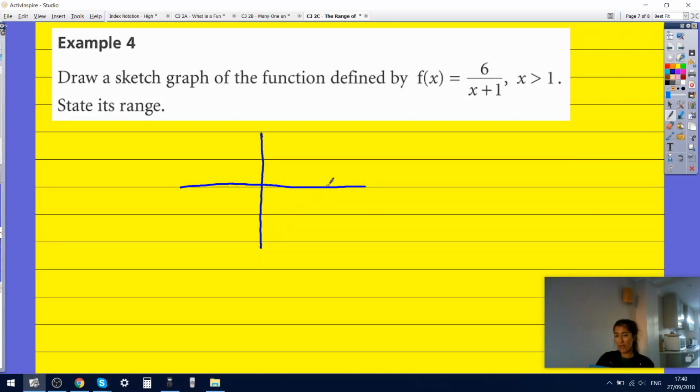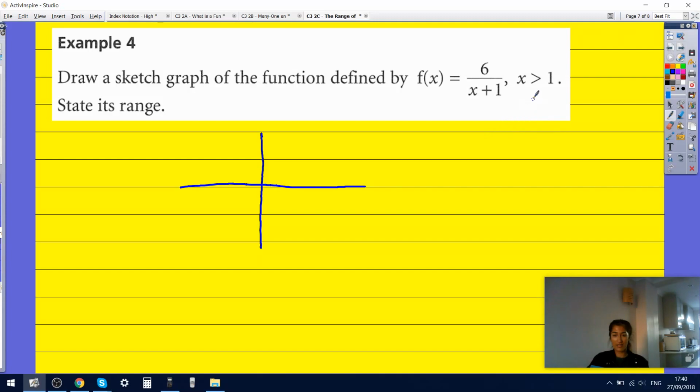Why is it 6 over 3? So I would, if you substitute the x for 2, because x is greater than 1, could x be 1.5? Oh, that's so stupid. Yeah, so x is greater than.